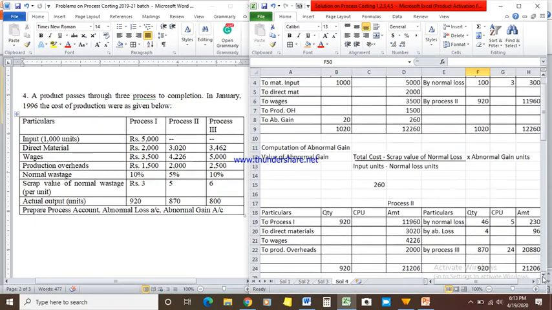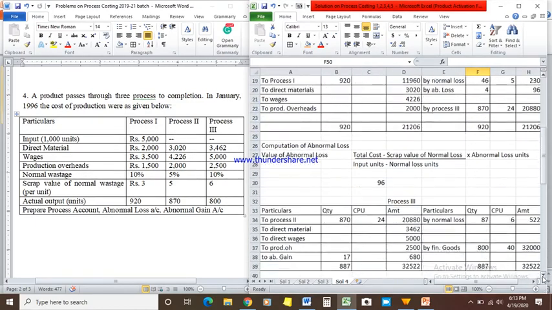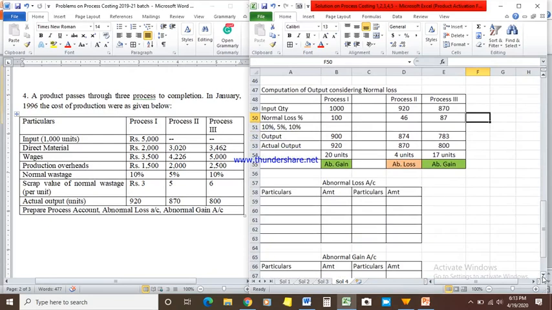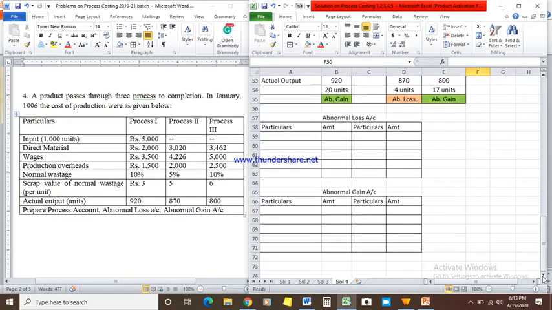Now having completed preparing 3 process accounts, we are supposed to do 2 more accounts, that is abnormal loss and abnormal gain account. So this is also a very simple one. Now whatever the posting we have made in a respective process account, we need to just transfer them into these 2 accounts.